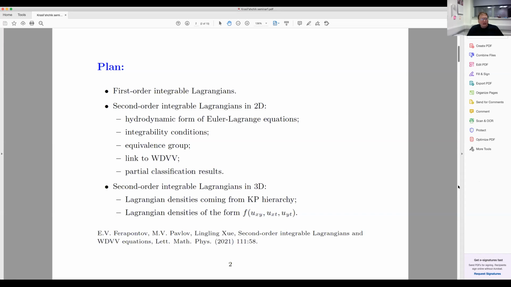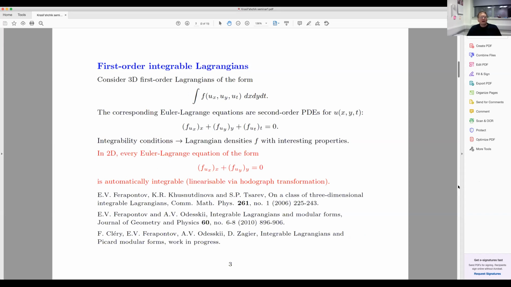All right, let me proceed to first-order Lagrangians. So I have one slide on first-order Lagrangians. These are Lagrangians of this form. F is an arbitrary function of its arguments. u is a function of x, y, t, a function of 3 arguments.